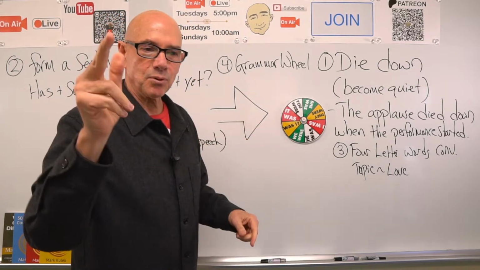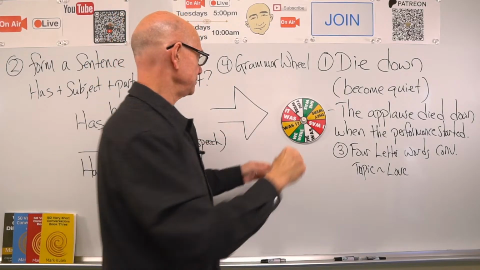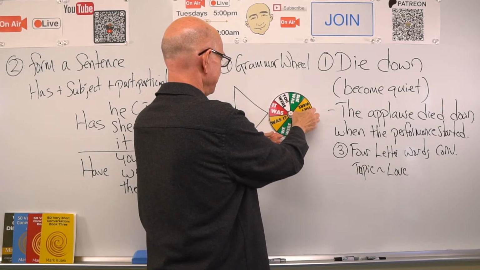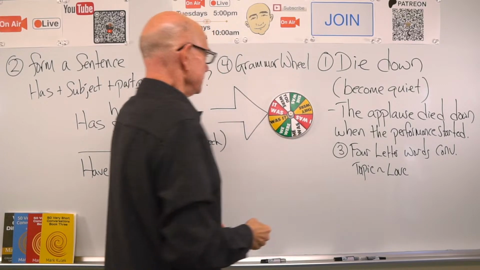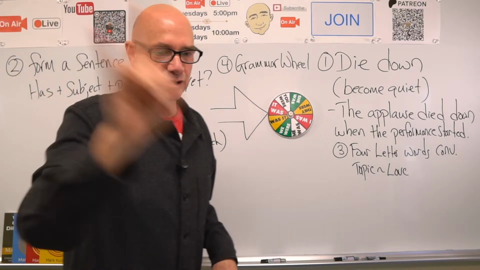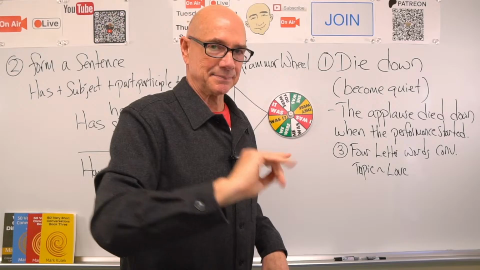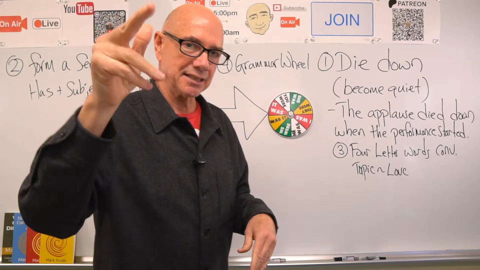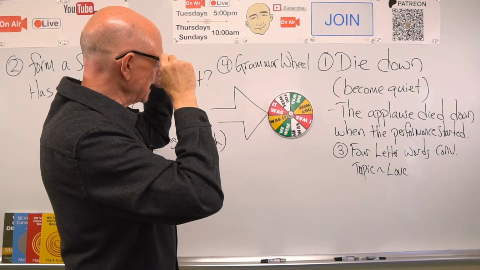The arrow will point to the one we will use. Let's move it up here. Okay. So we'll spin it twice today. So we'll use 2 different sentence starters with the grammar wheel today.